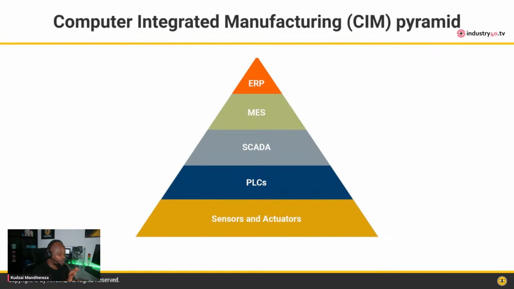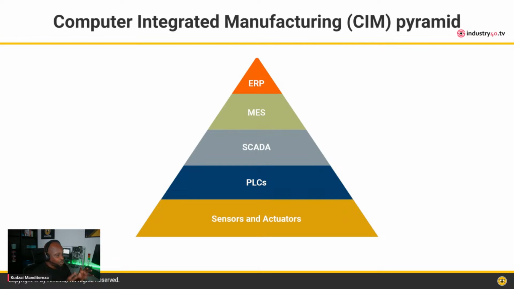And then on the top level, you've got your SCADA system, which, as the name implies, is for supervisory control and data acquisition, which communicates directly with the PLCs, and the PLCs communicate with the sensors at the bottom of the stack. And then on top of that, you've got MES, and then you have ERP, and of late, you have also got a cloud component at the top.